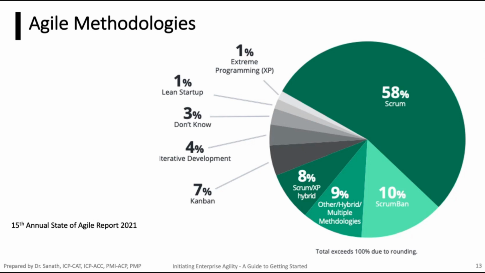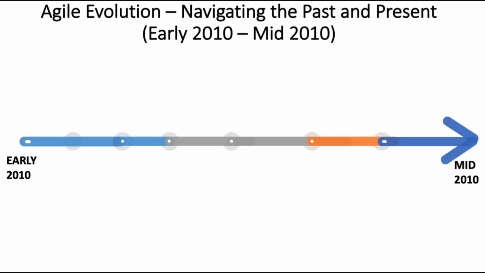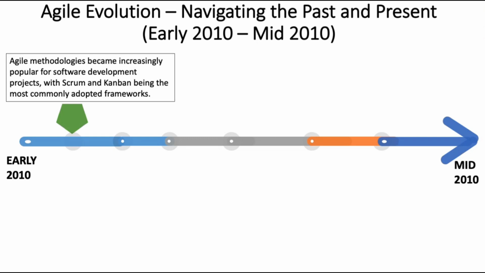Right. Let's move on to look at a bit of history. Although I said that Agile was born in 2001, it's really in the early 2010s that we saw a lot of traction, a lot of work happening in the space of agility. So that's why I'm starting from there. You notice that Agile methodologies like Scrum and Kanban became very popular.